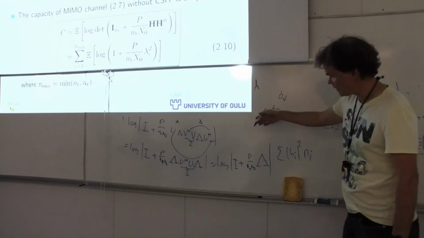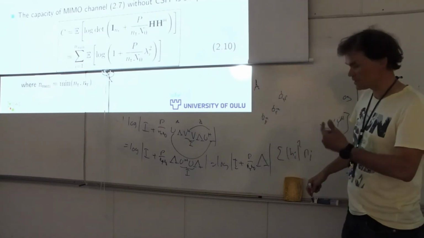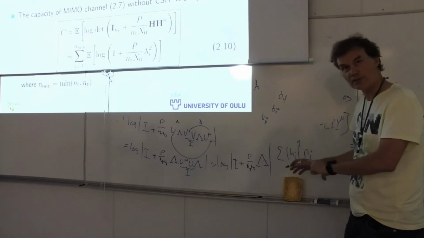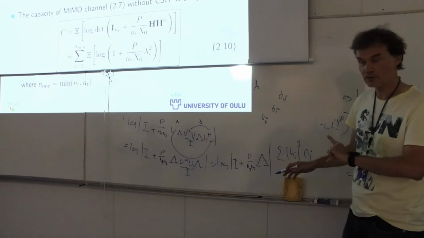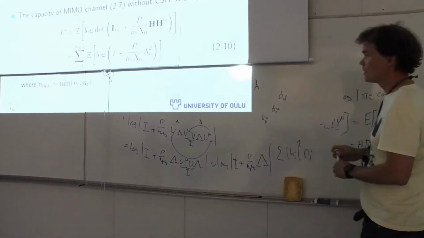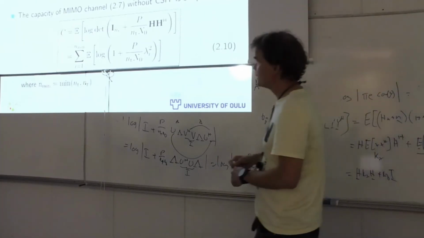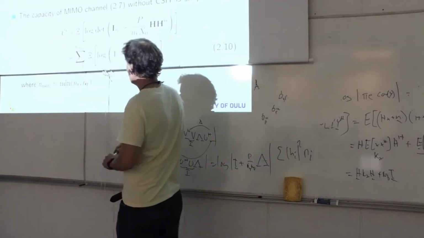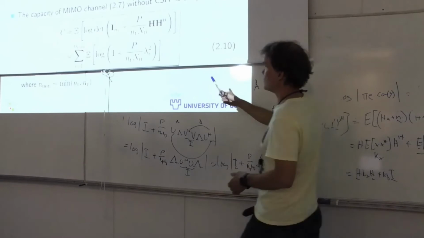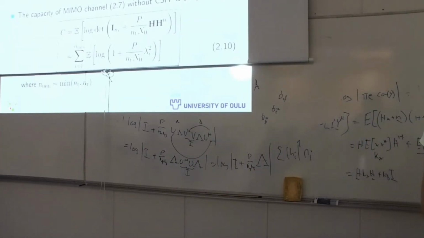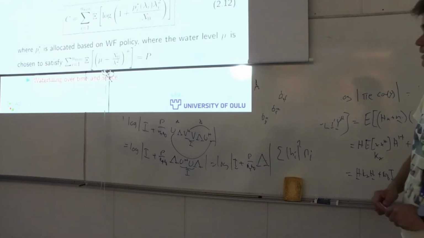If we have the determinant of a diagonal matrix, it's a product of the diagonal terms, and when we take the log of a product, it's a sum of logs. If we further want the ergodic capacity, we take the expectation over all possible realizations of H. That's the capacity of the case without channel state information.